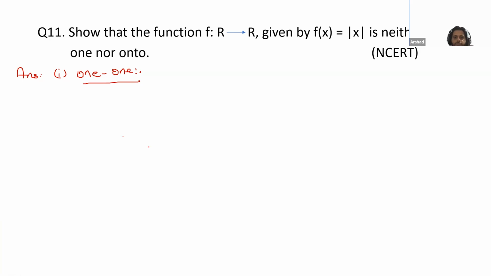Rifat, please tell me two numbers which have the same image. Your voice is not audible, Rifat. You can message me on the chat box.